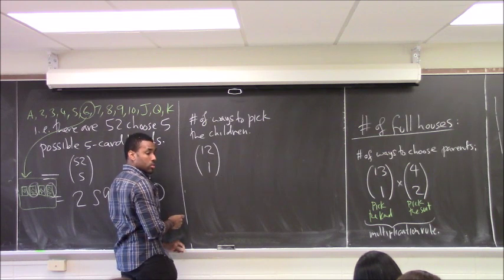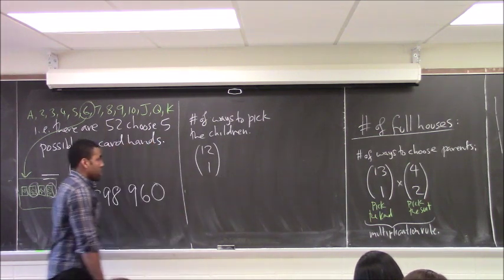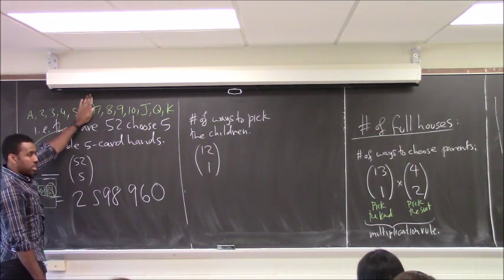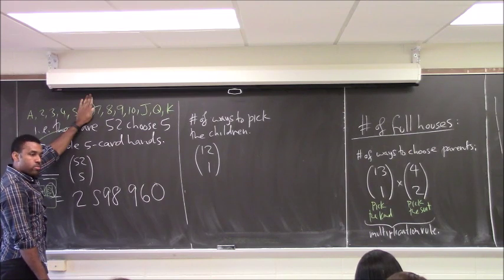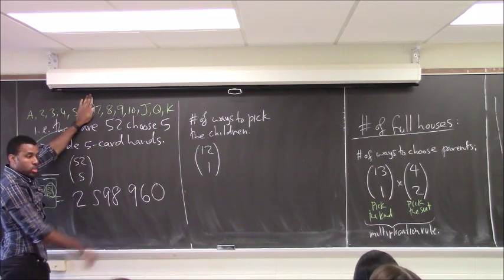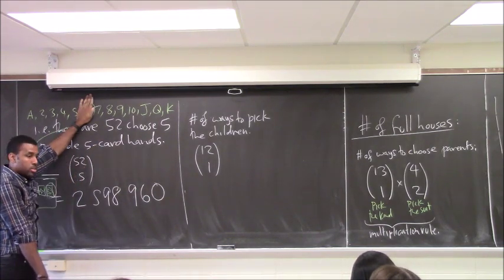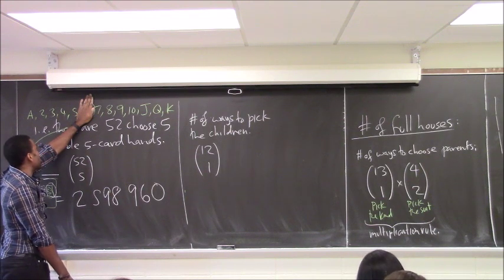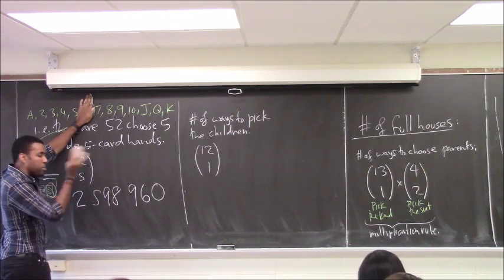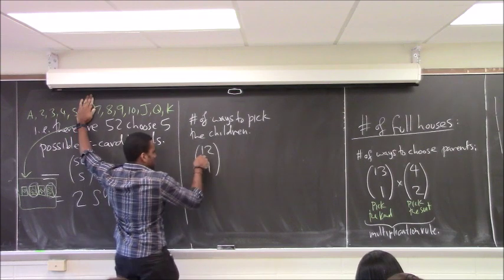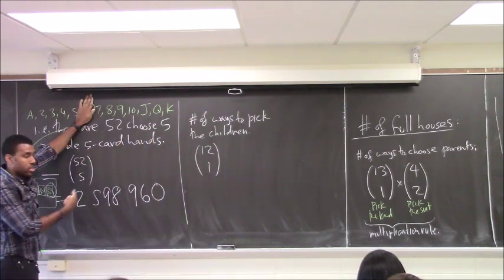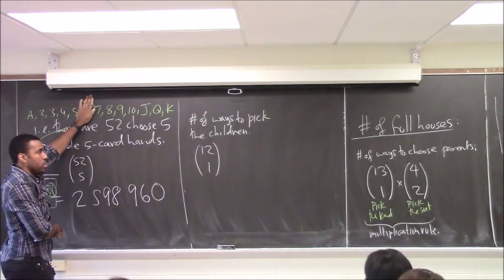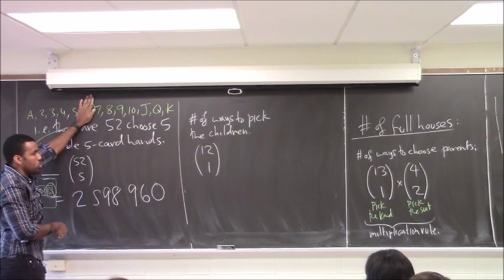Why? Because you already used 1. Because I used the kind, I already picked the 6. So now, for the children, I'm going to have to pick someone else. Now there are 12 possibilities. I'm not choosing in any particular order, so out of that 12, just pick any random one. That's 12 choose 1, which is in fact equal to 12 itself.